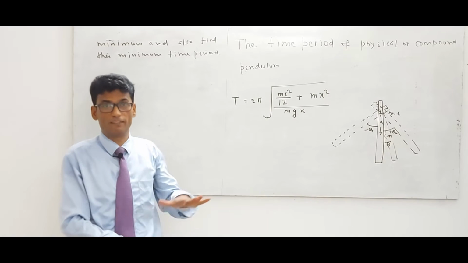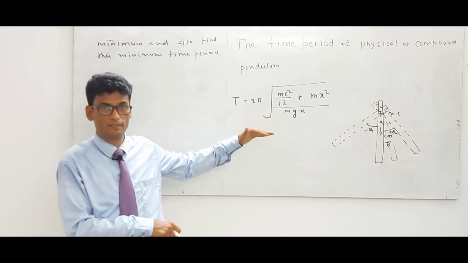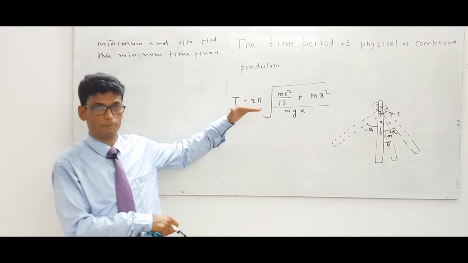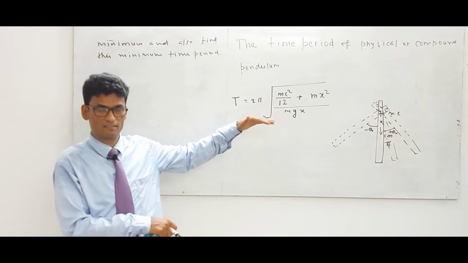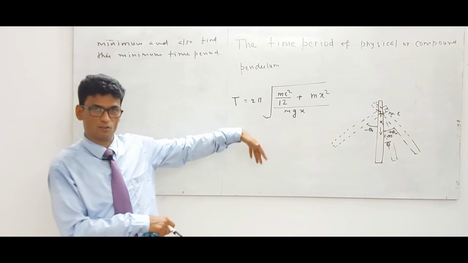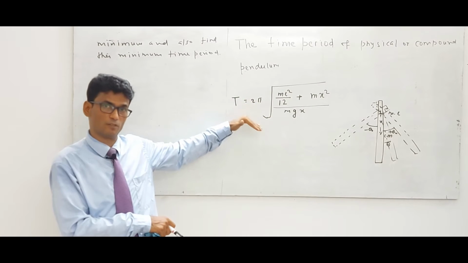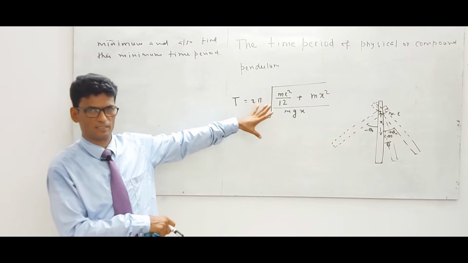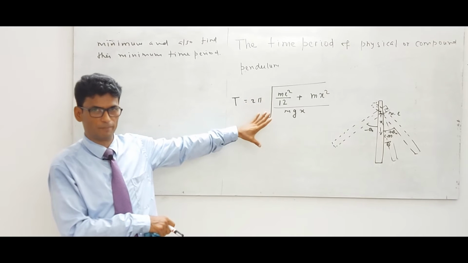I am not going to take every case here in the physics class of the physical pendulum. In mathematics, after completion of the class 12 course, we will see many cases of maxima or minima, but here we can find it only by the first derivative test. So this function will give you the x for which the time period is minimum, by setting the first derivative to 0.